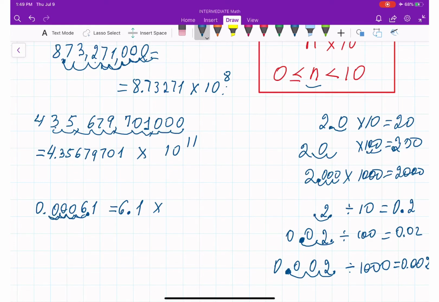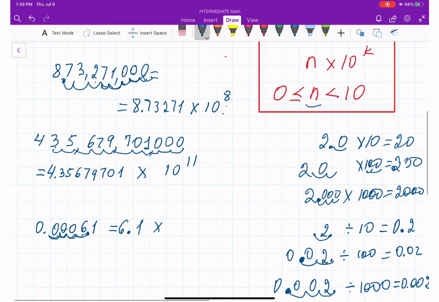So I'm going to divide by 10,000? We don't put it in the format of division, we always want to put it in the format of multiplication. But to mean division, I'm going to put 10 to power negative 4. Look how nice it is.